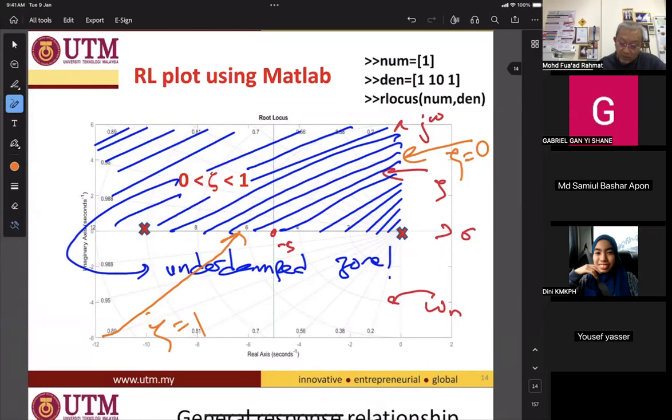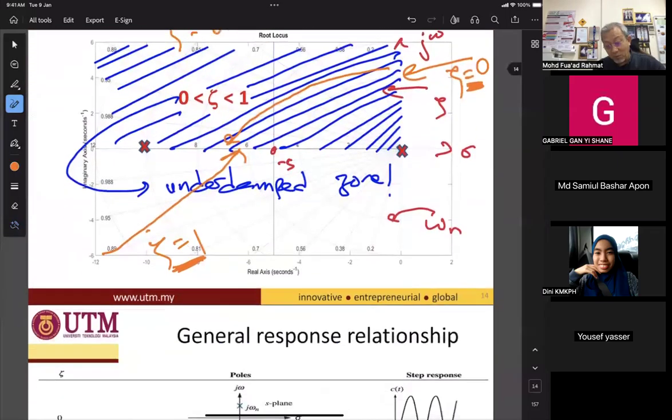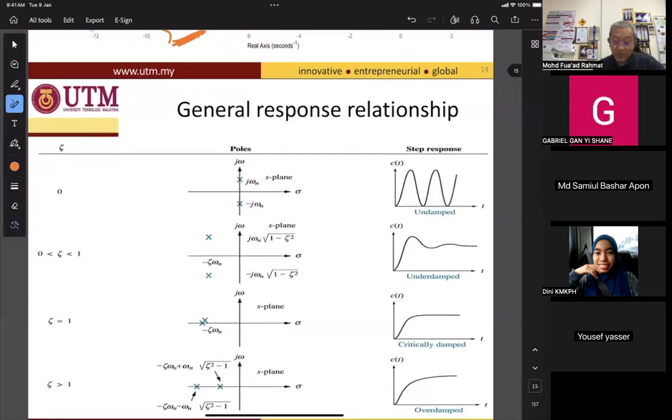So the border of this quadrant begins with damping ratio zeta equal to 0 and goes down to where the damping ratio is equal to 1. You must make sure that zeta is in this quadrant. The best zeta is 0.707, which is the targeted damping ratio value for controller design.